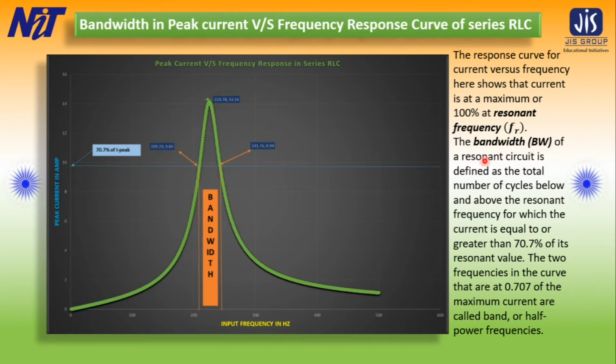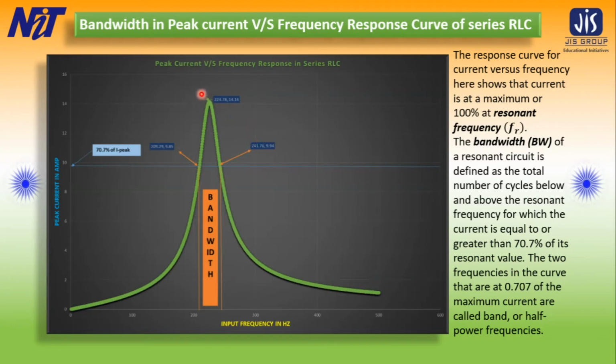The bandwidth of the resonance circuit is defined as the total number of cycles below and above the resonant frequency for which the current is equal to or greater than 70.7% of its maximum resonant value.